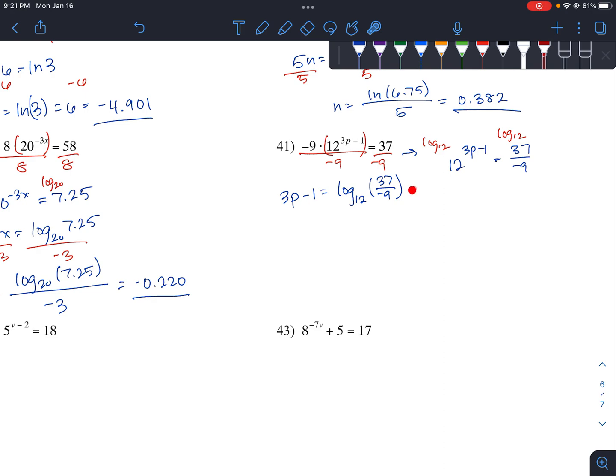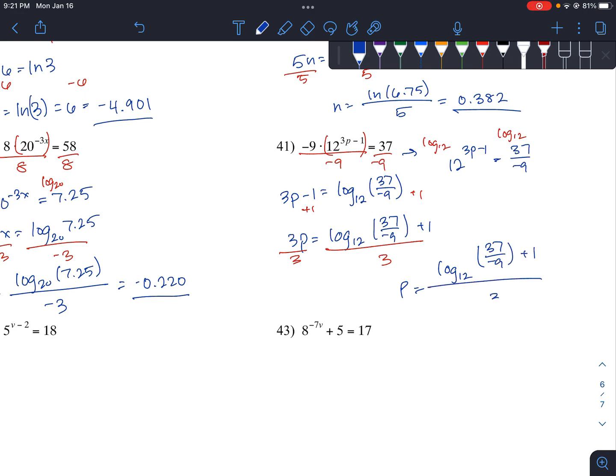I'm going to add 1. So I get 3p is equal to log base 12 of 37 divided by negative 9 plus 1. And then I'm going to divide by 3. So I get p is equal to log base 12 of 37 divided by negative 9 plus 1, divided by 3.